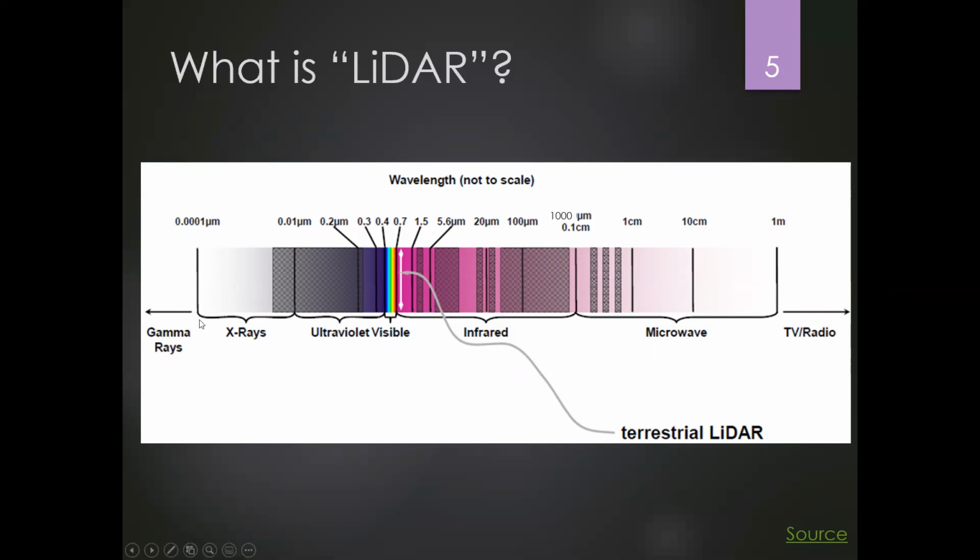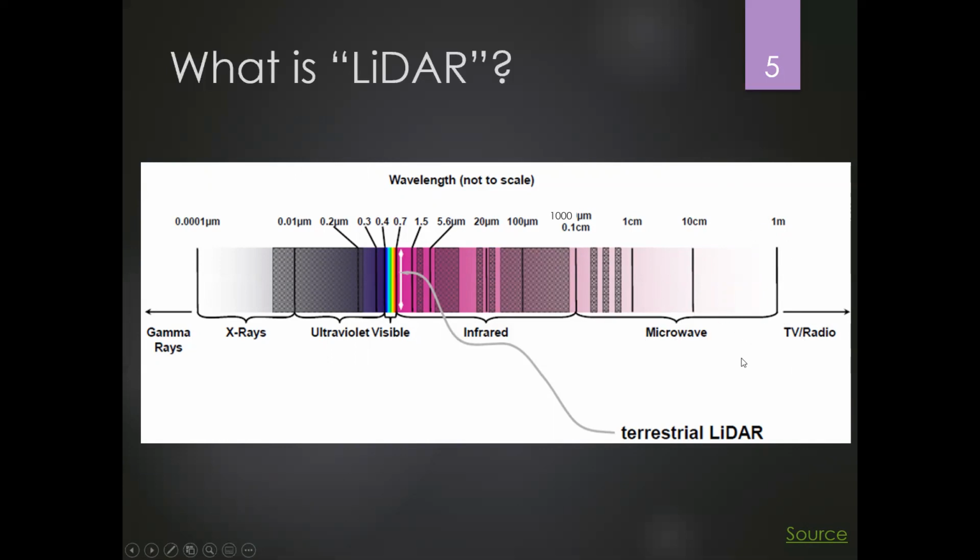Within this range, we have gamma rays and X-rays. And as the wavelength of EMR increases, we have ultraviolet, visible light, infrared, microwave, and TV and radio. So radar uses microwave and radio. So the EMR used by radar is somewhere here.